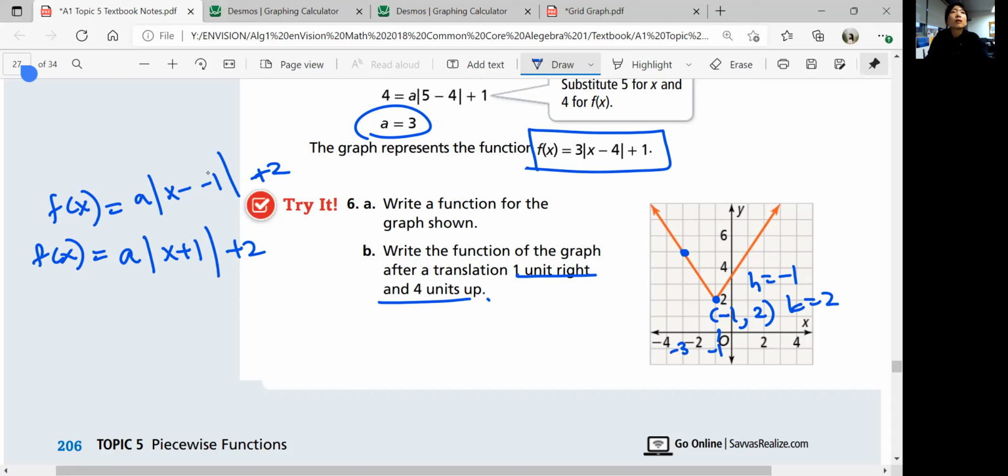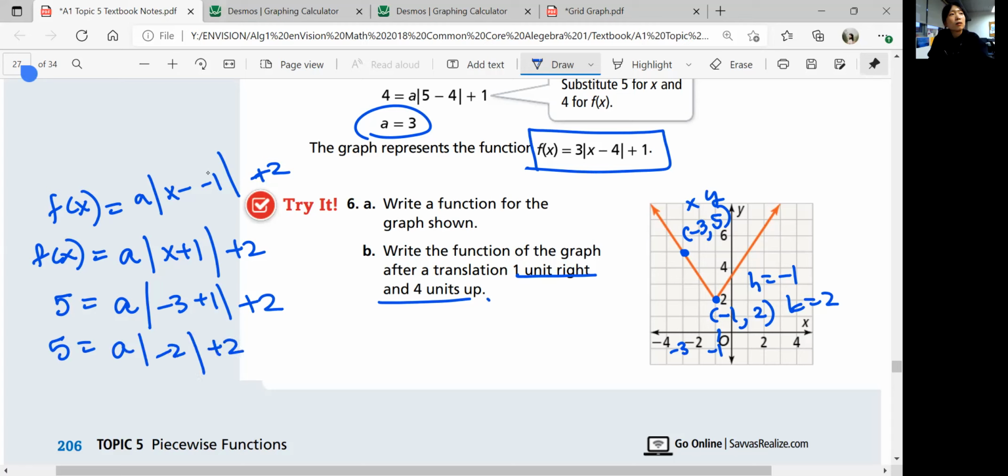So that's going to be (-3, 5). So put -3 in your x, 5 in your y, so that you can figure out a where it makes it true. Okay. And so 5 is equal to a times absolute value of -2, plus 2. 5 must be 2 times a plus 2, because absolute value of -2 is +2.